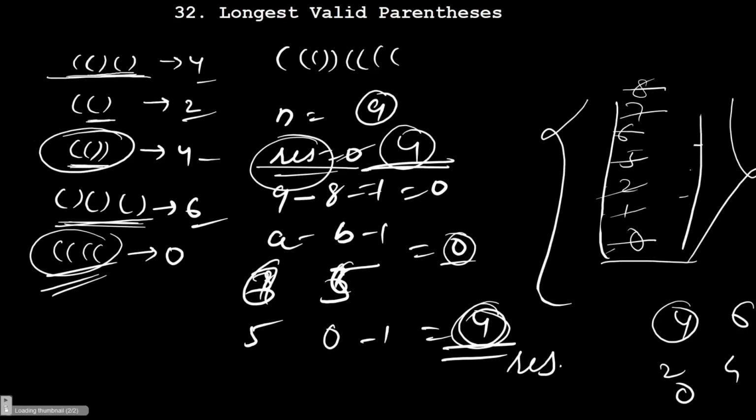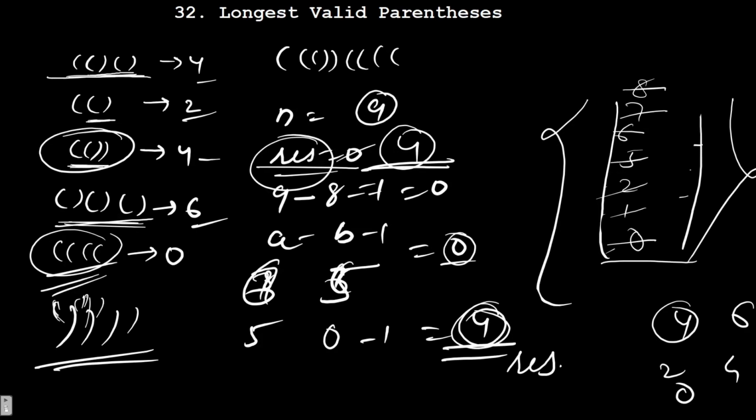Okay, but there can be a case that we have only a close parenthesis. What we'll be doing? We can simply skip this part. In that case, when we find that our stack is empty, we will be pushing this, and next time it will get popped.